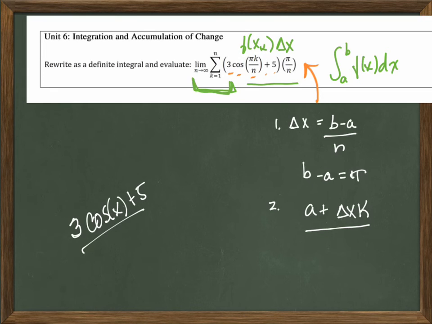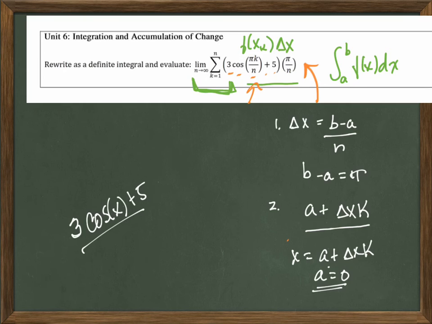Okay, so my x looks like it's this right here. And the x is supposed to be x equals a plus delta xk. So, all right, first of all, do I have a plus in that? No, so a must be 0. And that's often what it is. A is 0, but it doesn't have to be. We'll get to some that aren't.